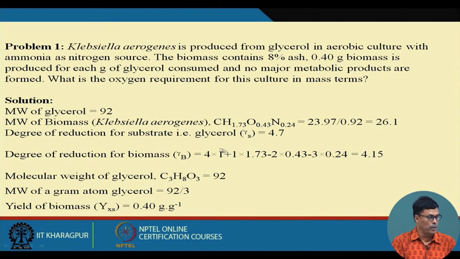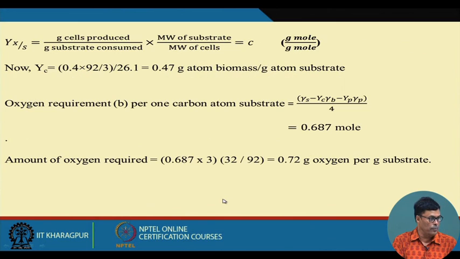The degree of reduction of the substrate we can easily calculate. The substrate is glycerol, so we can easily find the degree of reduction. It comes to about 4.7, and the degree of reduction for the biomass, which I have shown you before, is calculated as 4.15.